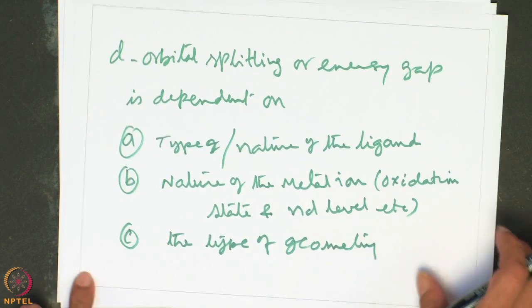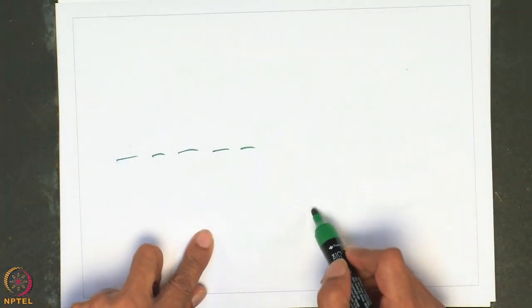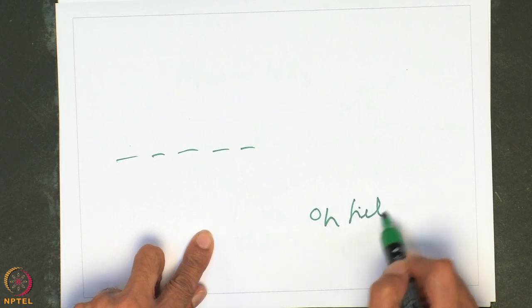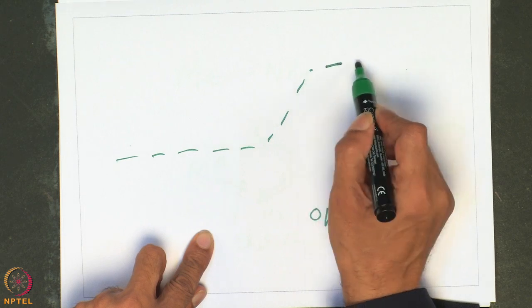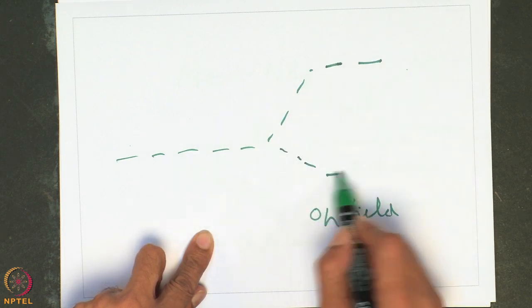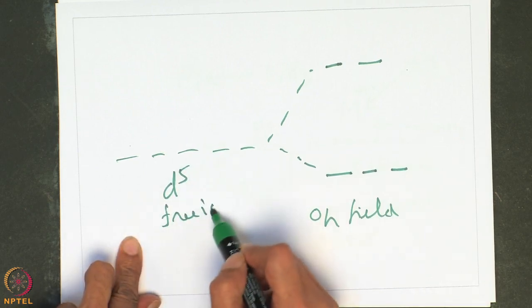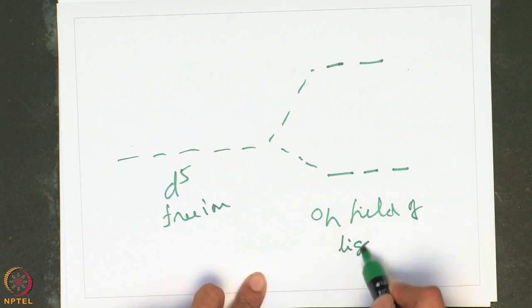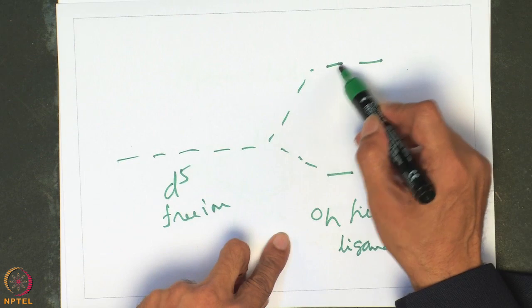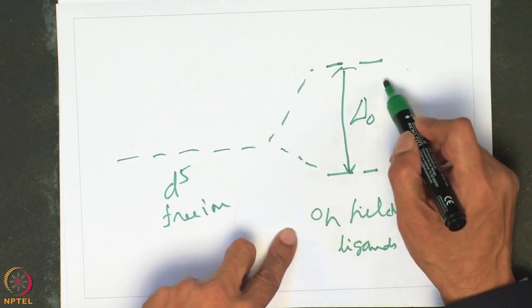So, the d orbital splitting depends on, let us say, if you put an octahedral field. The d5 of a free ion splits in an octahedral field of ligands, and this is referred to as octahedral field splitting.